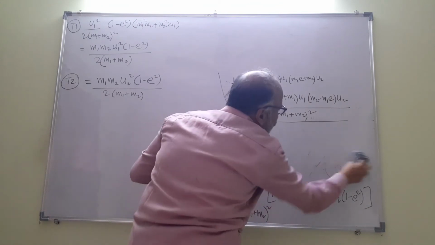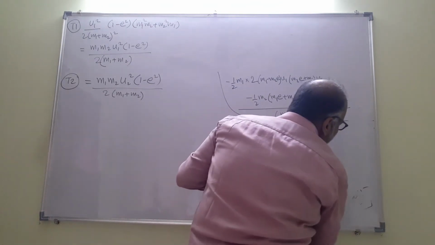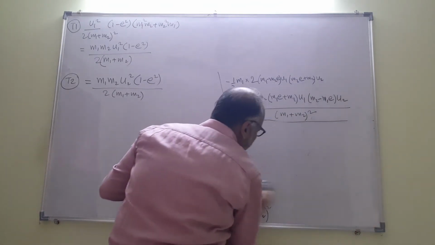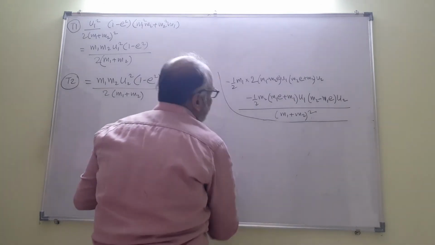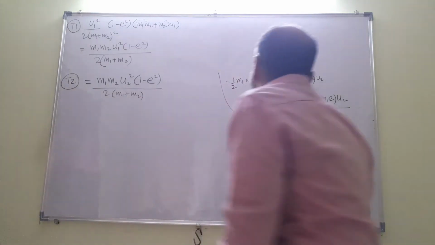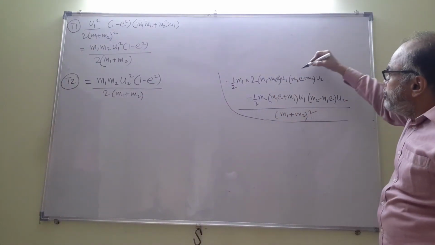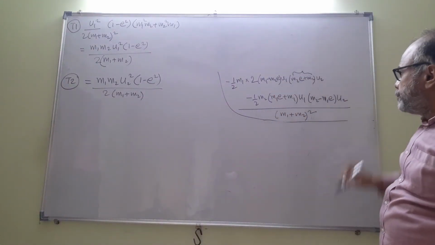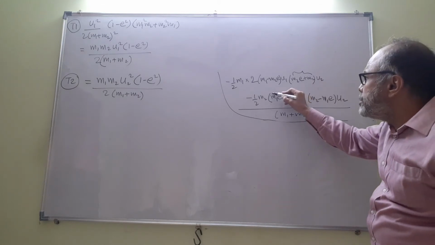So what we are going to do is, many things are common, we will take that out. Here, if you see, m2 is common here and m1 is common here.